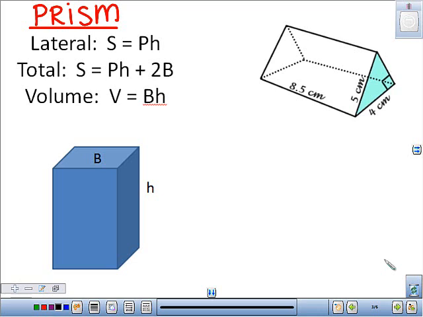So here are the formulas for lateral surface area, total surface area, and volume of prisms. You need to make sure you realize what these letters stand for.